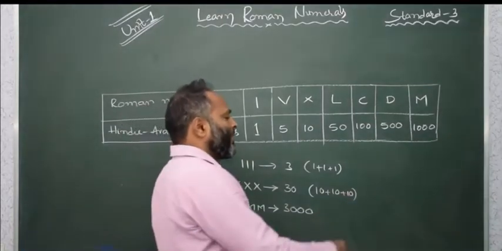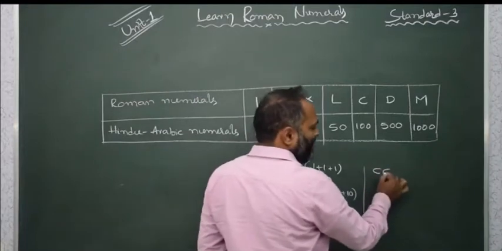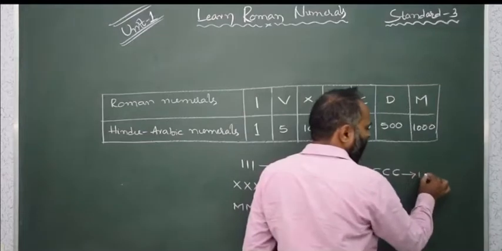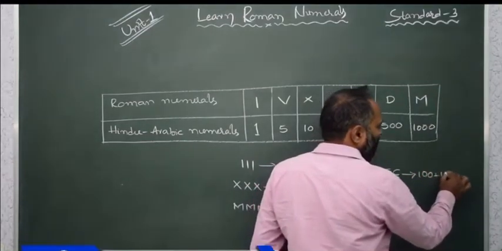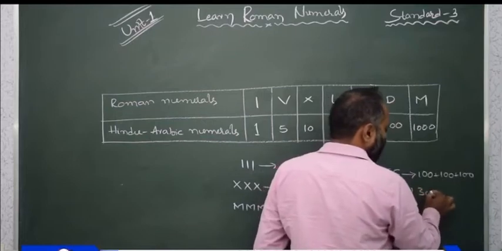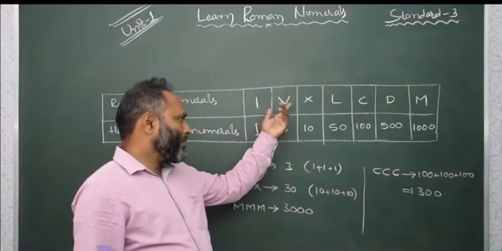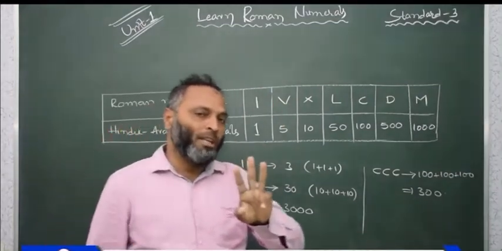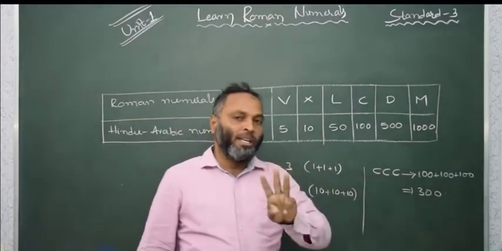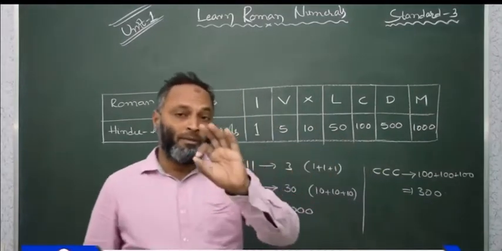And 100 also. If C repeats 3 times, it means 100 plus 100 plus 100, that is 300. In Roman numerals, a letter repeats a maximum of 3 times only. Repetition means we have to add.